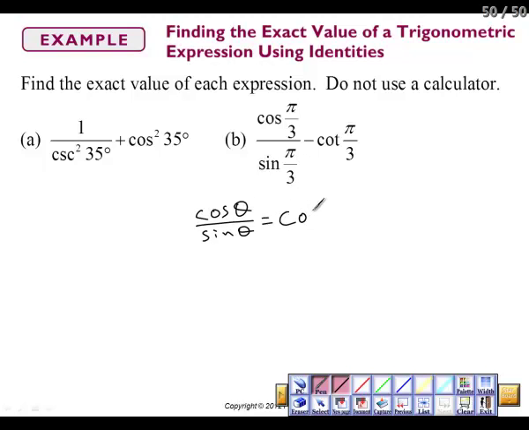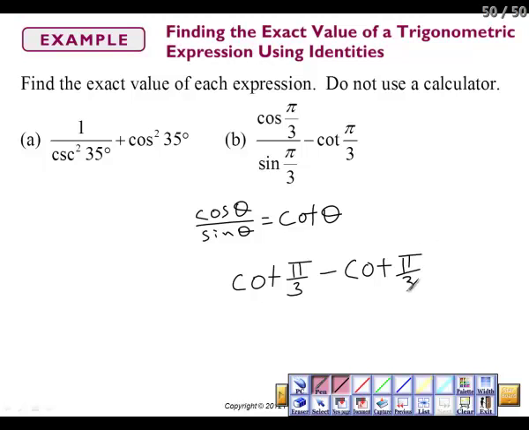You should have said cotangent theta. So we can say that cosine pi over 3 over sine pi over 3 is the same as cotangent of pi over 3. So now we just bring down the minus cotangent of pi over 3.